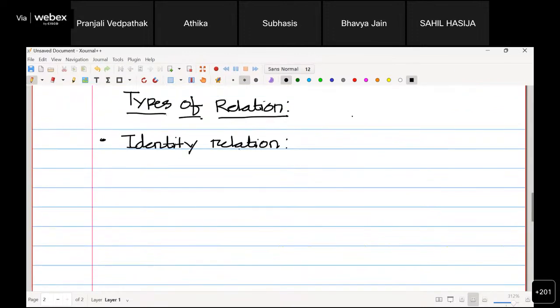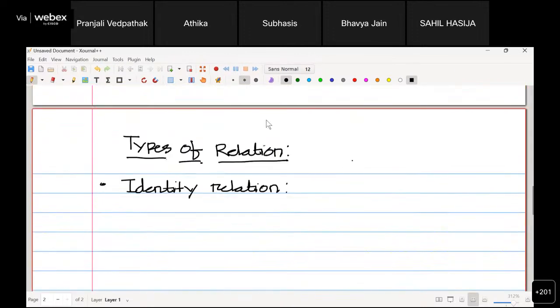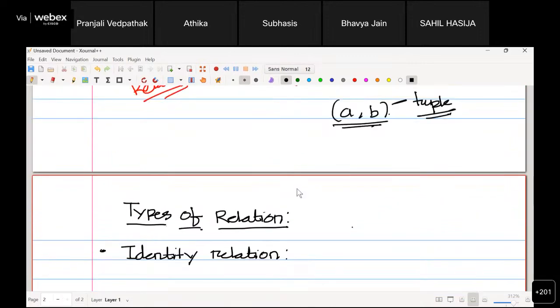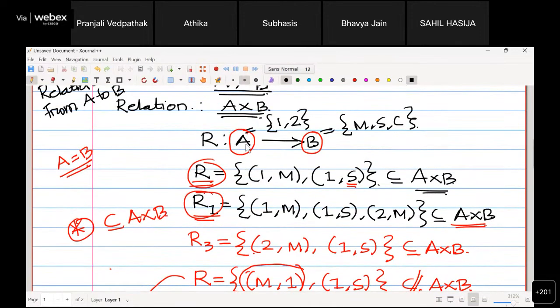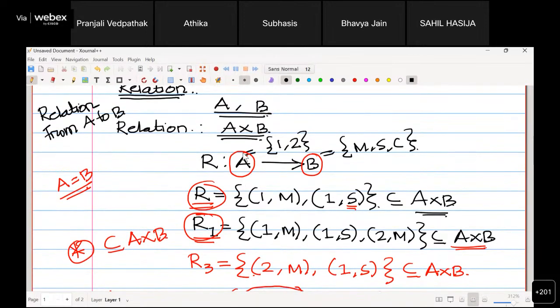Okay, so identity relation. Sometimes your relation can be from the same set to itself. In the general definition of relation, you can define it from any arbitrary set to some other arbitrary set.